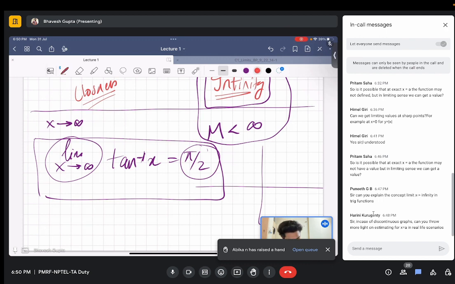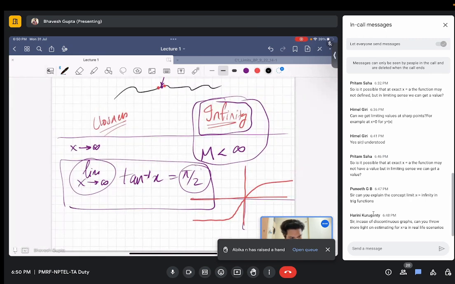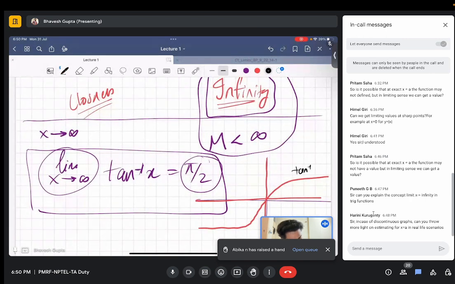Let me draw the graph for you. The tan inverse x basically looks like this. This is your x, and this is your function. You can see this arrow on the x-axis; infinity is basically over here.